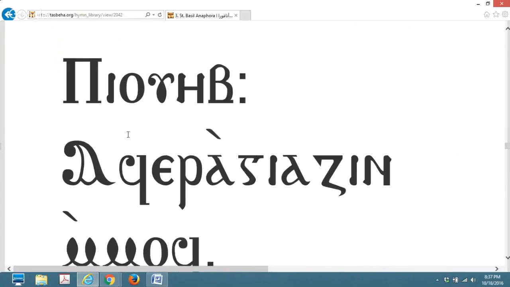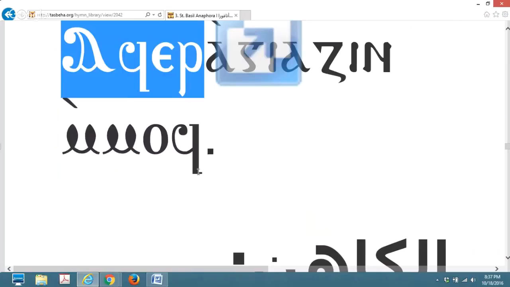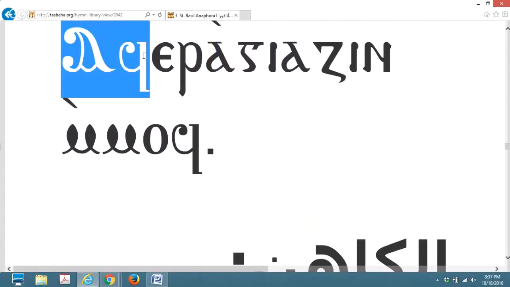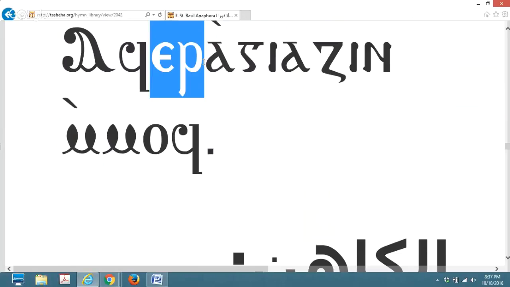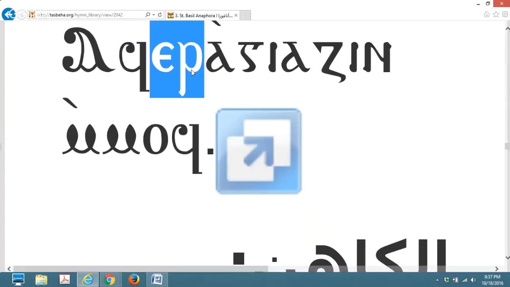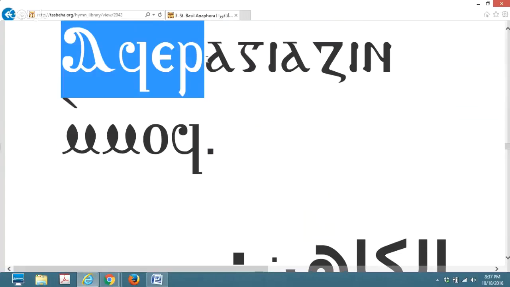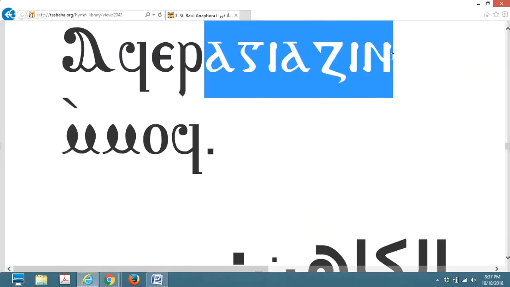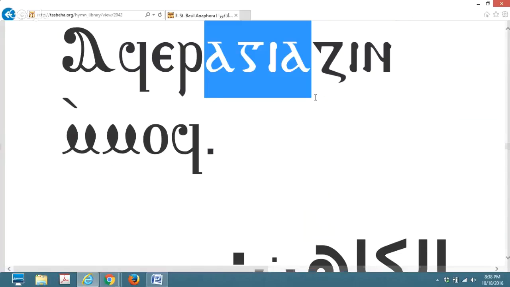Then af agiazinem. I think we talked about that a little bit last time. So af, past tense, is the pre-nominal form of iri, to do or to make or to become. So he made. Agiazin comes from ageia or agios, means holy. So he made holy immof.